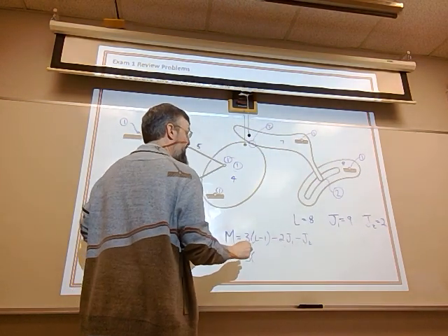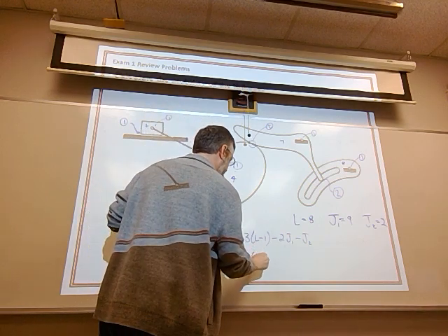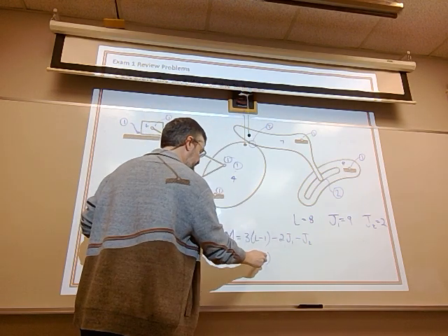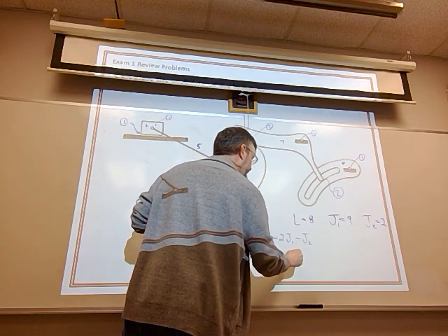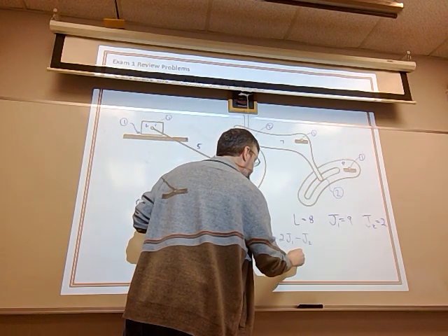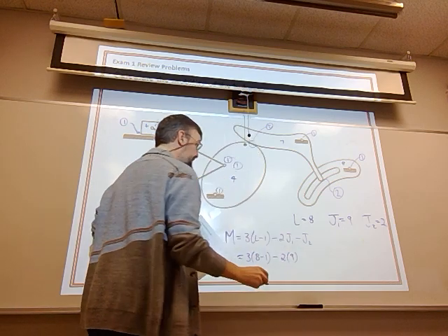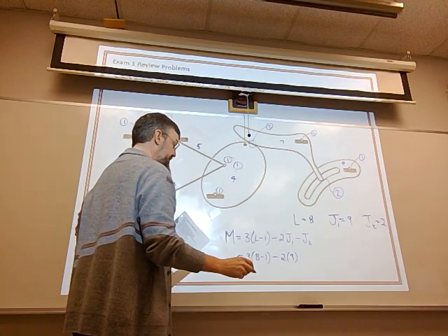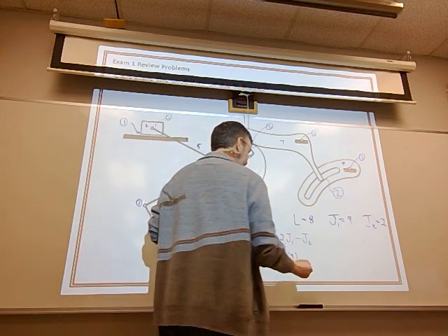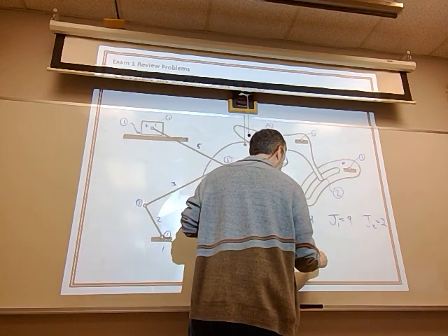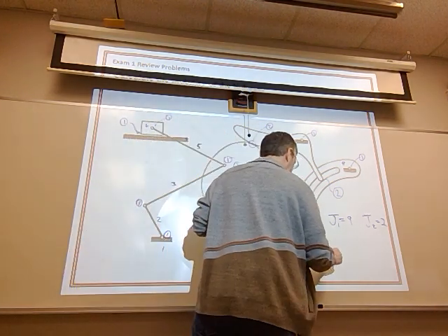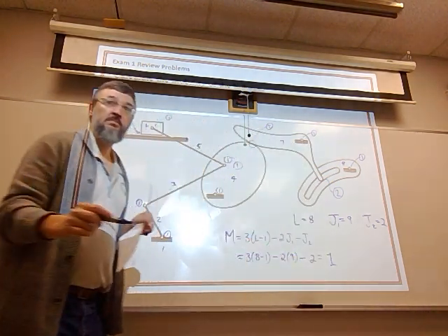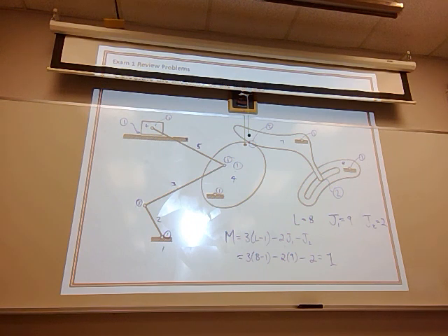And if we put this together here, what's that? It ends up being 21 minus 18, and yeah, so 21 minus 18 minus 2 ends up being 1. So this ends up having 1 degree of freedom that you would never know.